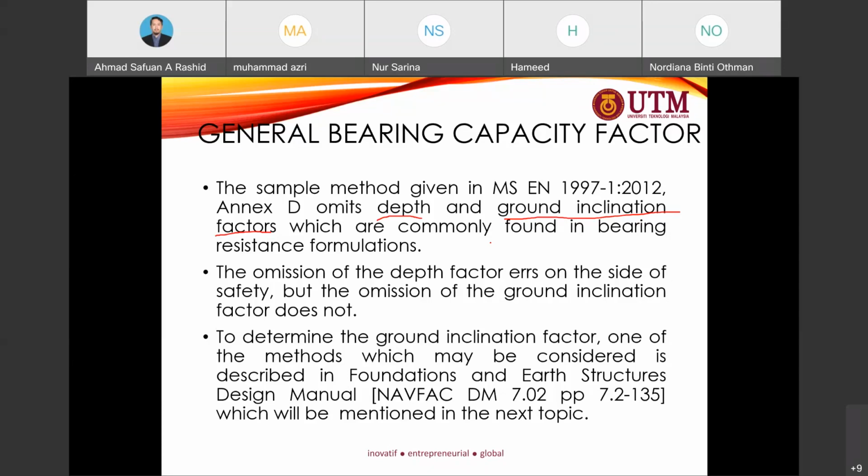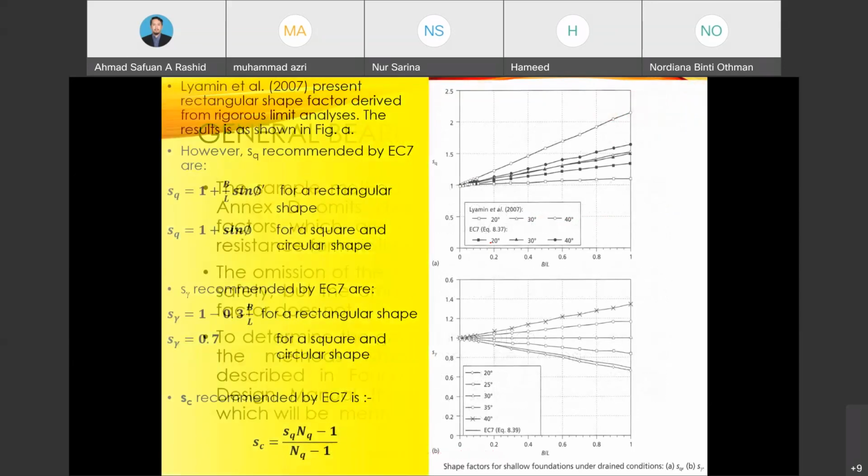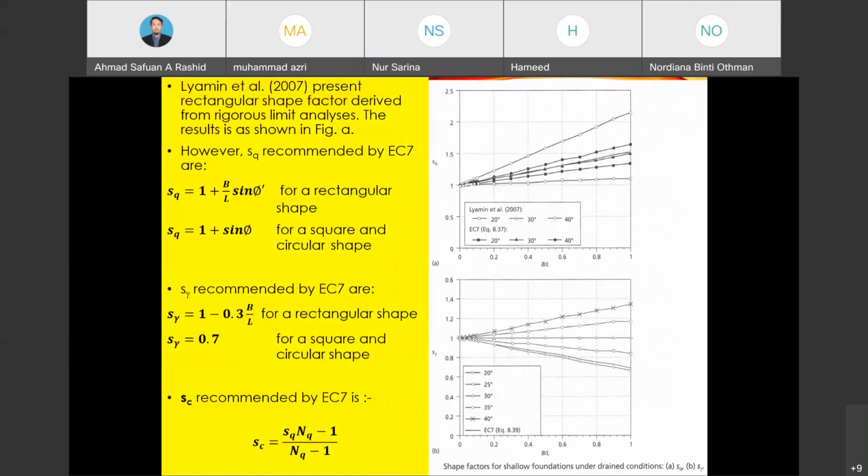So they include the ground inclination factor in the equation, in the formula. So this is the shape factor. Then either we use this calculation or we can determine it from this graph.